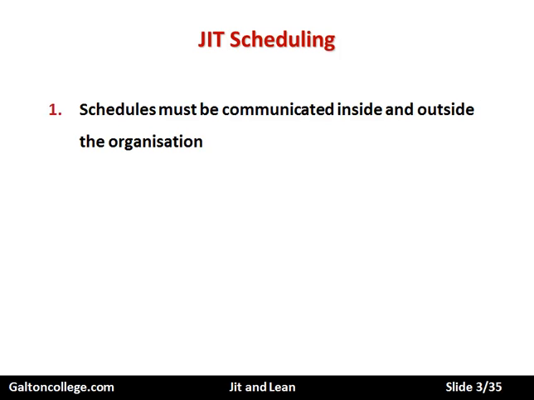So the businesses, separate businesses supplying raw materials, let's say, are in a sense part of the organization of the production business. So the production business does not hold stock. The stock will arrive just in time for it to be used in production.